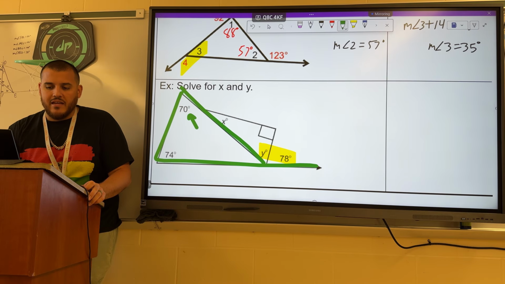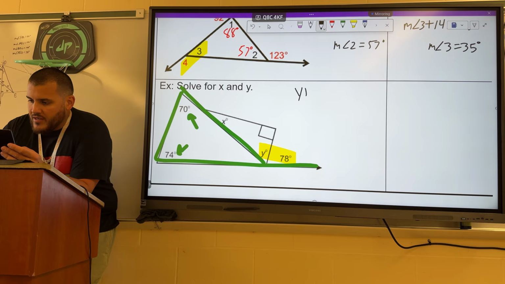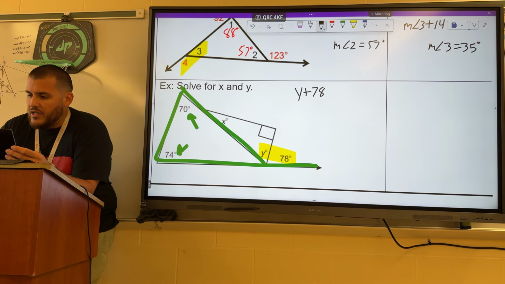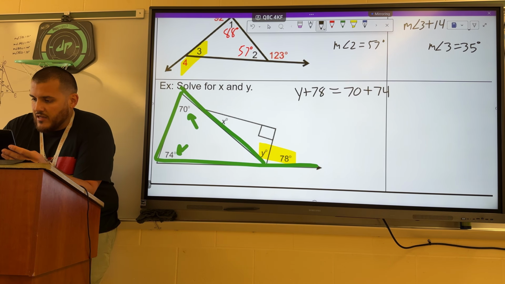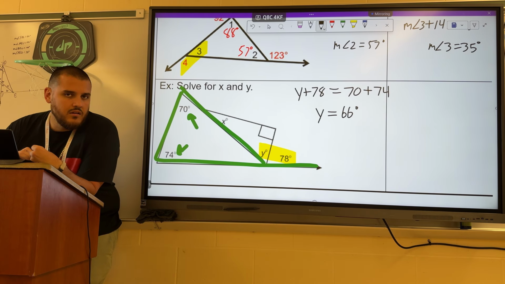That would make these the non-adjacent interior angles in here, and we can say that y plus 78, which would be that whole exterior angle there, would equal the sum of the 70 and the 74 there on the non-adjacent angles inside. If I move that 78 to the other side, we would get, let's see, we got 144 minus 78, so that would be 66 degrees for y.